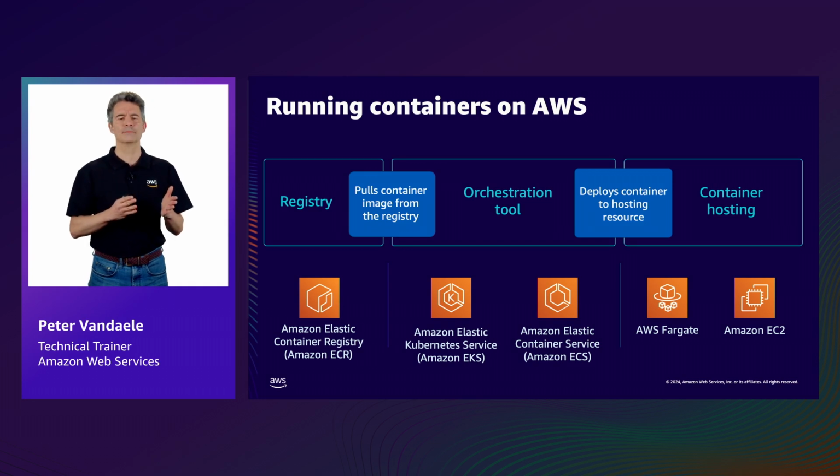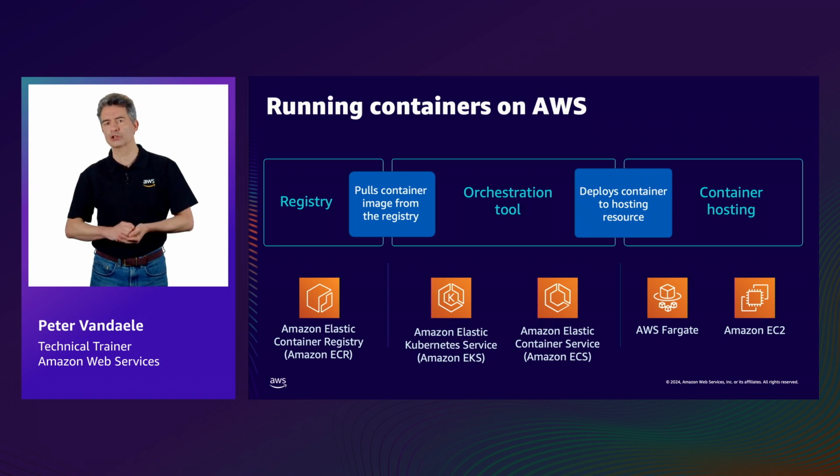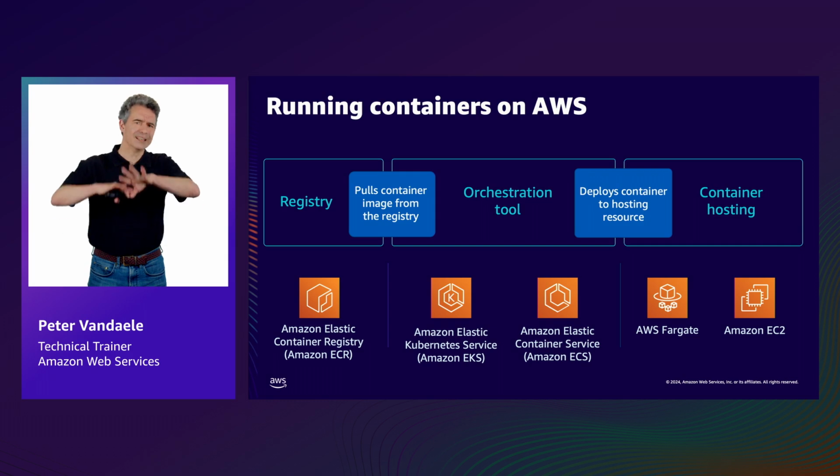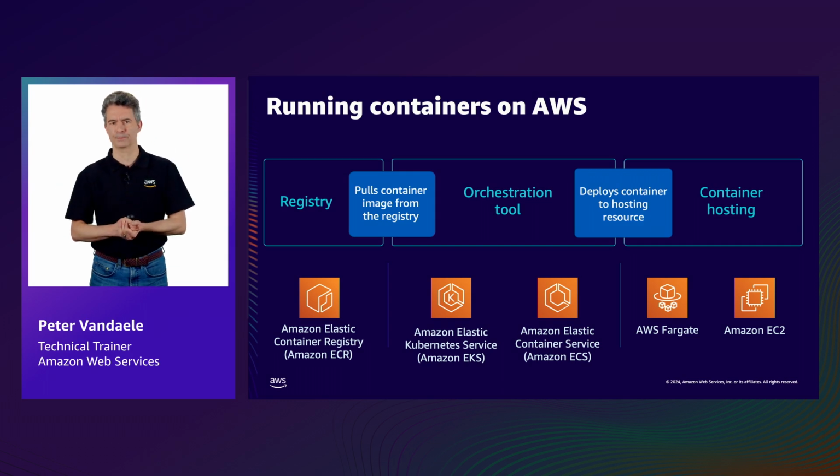And then finally, choose your container hosting service. You must decide which compute resource your orchestration tool will use to host your containers. You can choose the Amazon EC2 to launch containers. However, since EC2 is an unmanaged service, you need to manage the cluster yourself and all the underlying infrastructure.